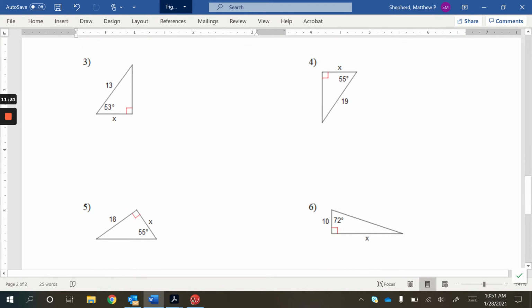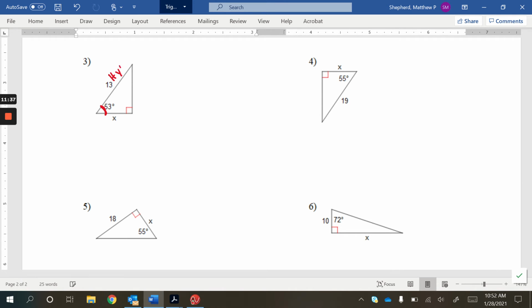All right, in these next two, we've got this angle right here. We've been told the hypotenuse, and we are looking for the side that's adjacent, which means we're going to be using cosine. So the cosine of 53 degrees should be equal to the adjacent x over the hypotenuse, 13.